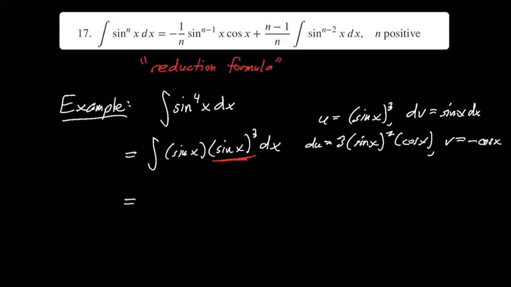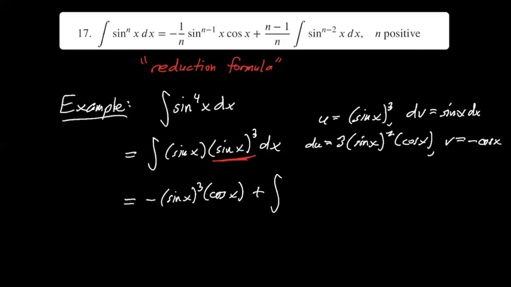So uv is u times v, because this is now the integral of u dv, and so we're going to do uv minus the integral of v du. So uv, there's a minus sign in there. There's a sine x cubed times a cosine x minus the integral of v du. There's another minus, so we'll pick up a plus.